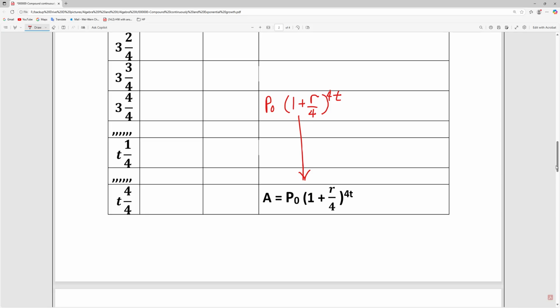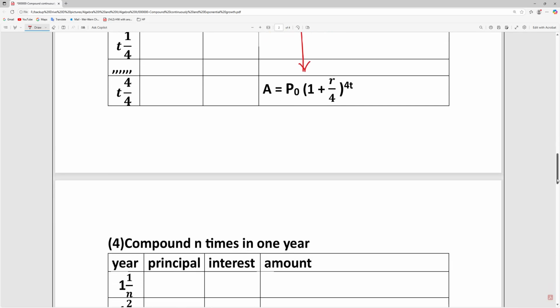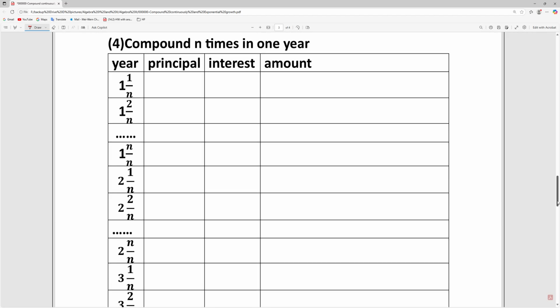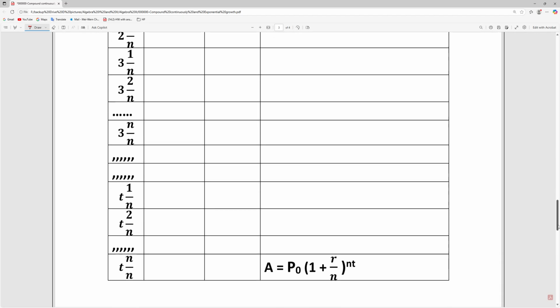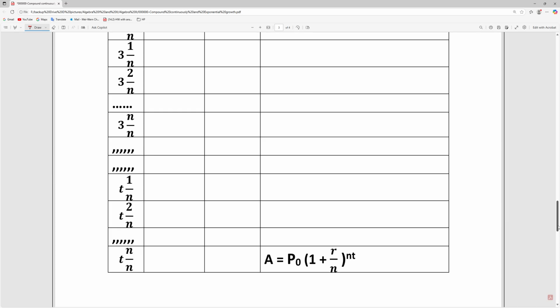4 times means quarterly. Now, when this compound quarterly becomes compound n times, it's the same idea. I don't need to deduce the formula again. So based on the compound annually, if I compound annually, the formula will be the original formula. A is P0, 1 plus R, and depends on how many years.